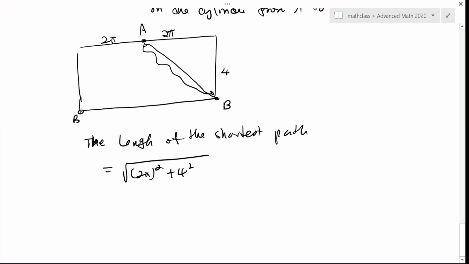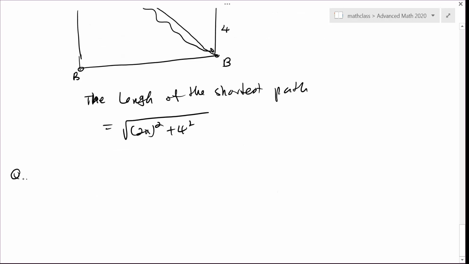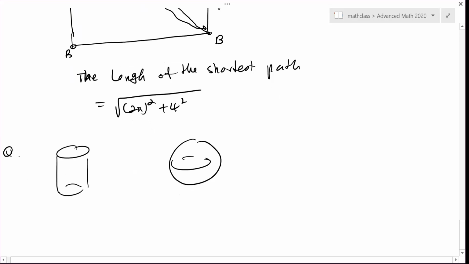Our next problem, we're trying to compare. We have a cylinder, a circular cylinder, and here's the ball. I know that this is R, this is H. I know that H is going to be 4 times the little radius.